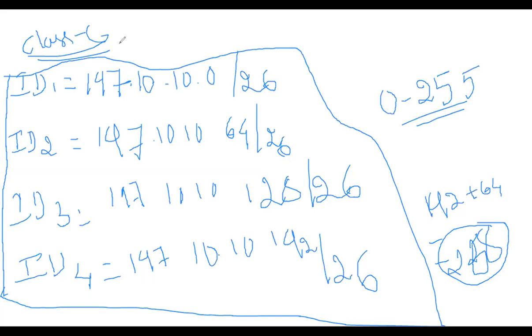So we can move from class C to class A, if you require more and more network IDs. Class A operates on a larger network area, and class C operates on a small network area.